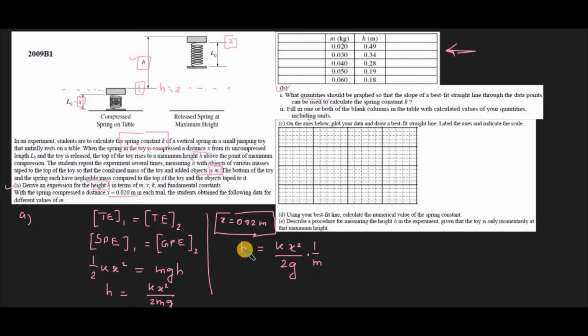If we plot h along the y-axis and 1 by m along the x-axis, then think about the equation of a straight line: y equals m x, where m represents the slope or gradient.